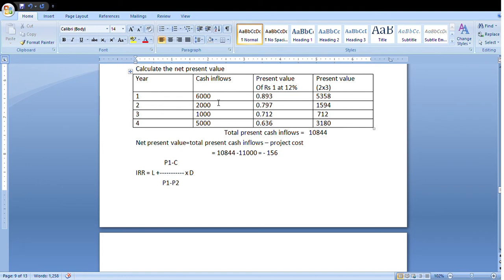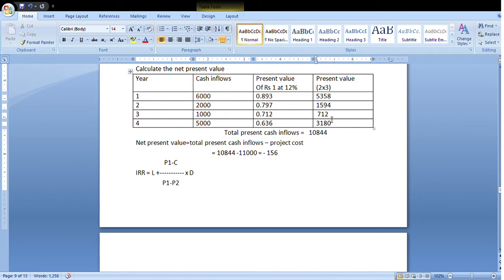Next column: multiply the second and third columns. First year 6,000 multiplied by 0.893. Second year 2,000 multiplied by 0.797. Third year 1,000 multiplied by 0.712. Fourth year 5,000 multiplied by 0.636. Next you calculate the total.